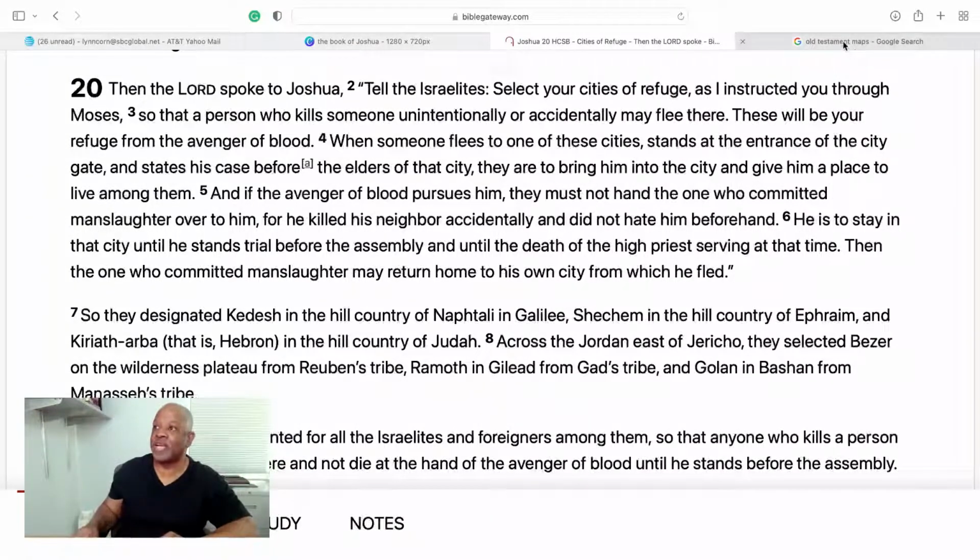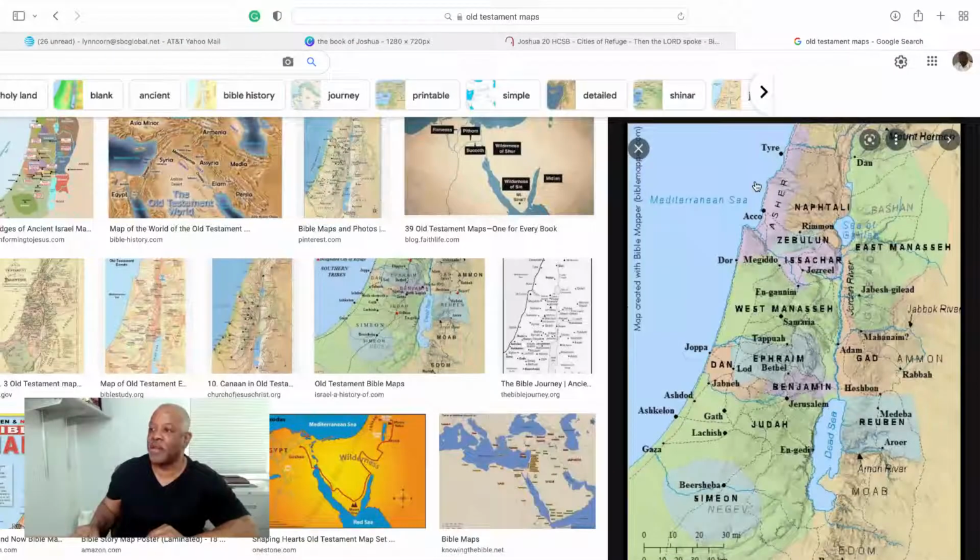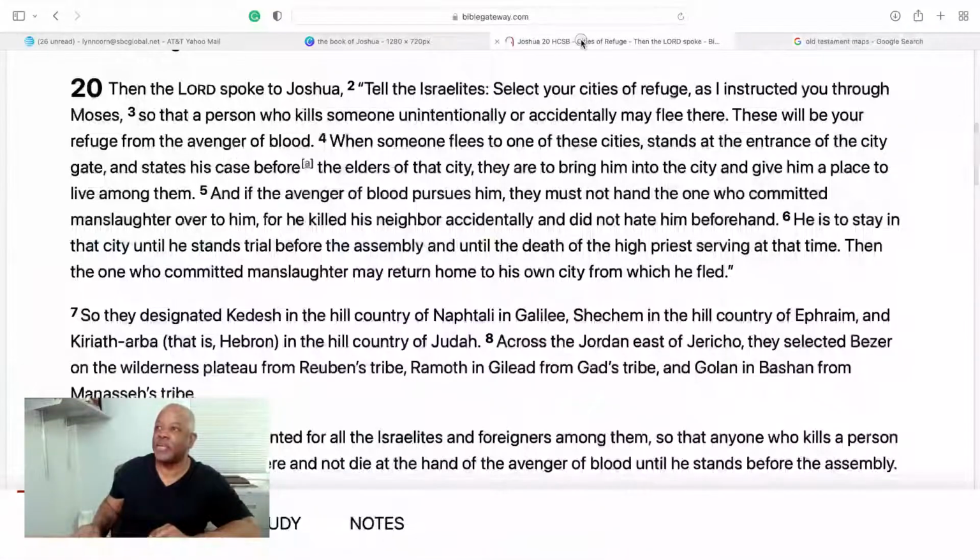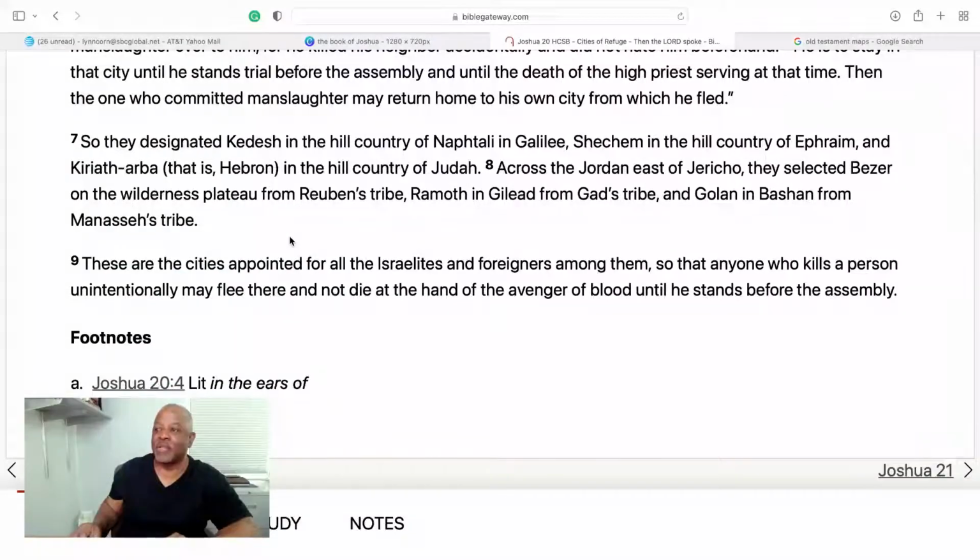I'm not going to give you a location of the city of refuge, but there were several cities throughout all of these lands here. And so if a person was to kill someone unintentionally, he could flee to those cities and not be killed by the avenger of blood.